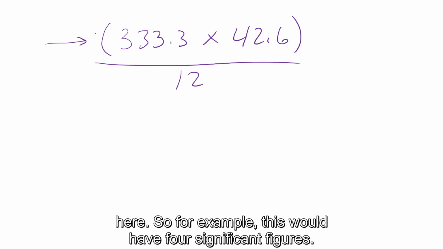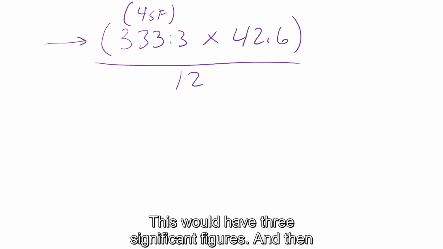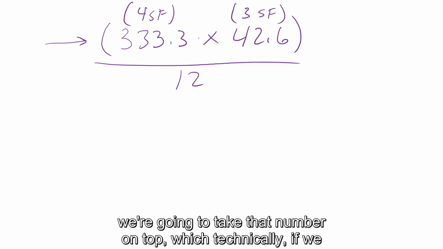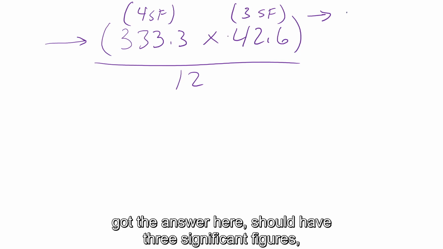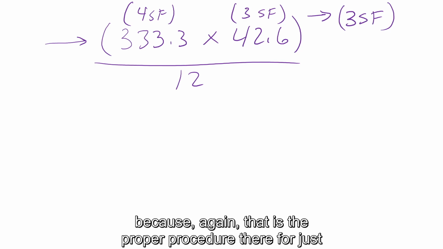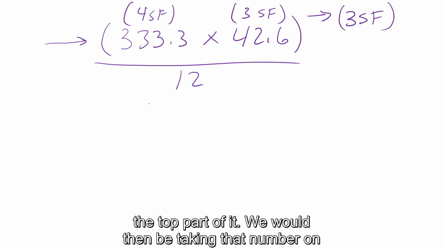So for example, this would have 4 significant figures. This would have 3 significant figures. And then we're going to take that number on top, which technically, if we got the answer here, should have 3 significant figures, because again, that is the proper procedure there for just the top part of it.